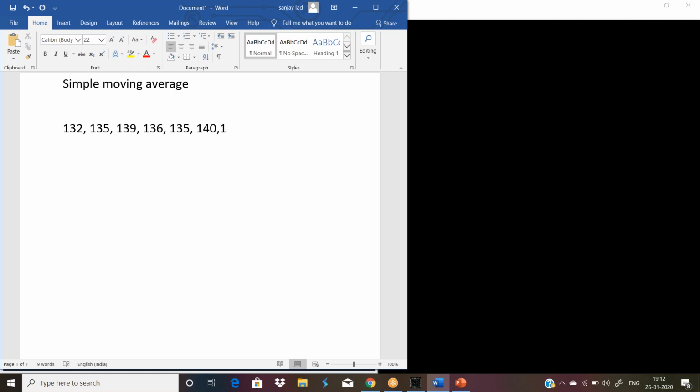Next day price is 142 or 145. Now suppose you want to find the average of these 6 close prices, then we should select the last 6 close prices, add them and divide by 6.